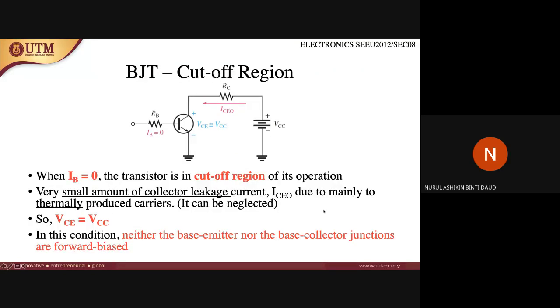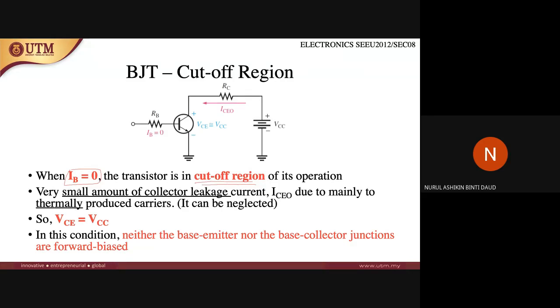Let's look into detail at what the cut-off region is. The cut-off region happens when IB, the current at the base, is equal to 0. When IB is equal to 0, the transistor is in the cut-off region. Why?